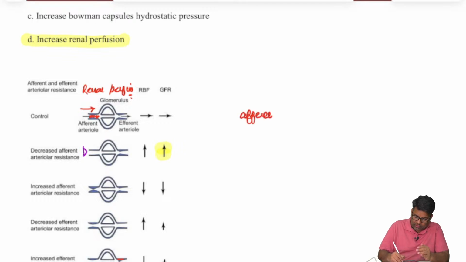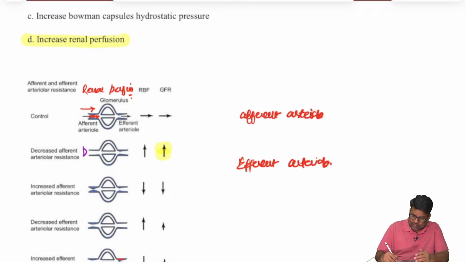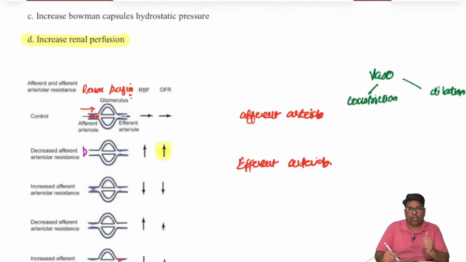So if we just summarize it here, we can point out two things in terms of the vessels: is it vasoconstriction or vasodilation, right? Now, if there is vasoconstriction of the afferent arteriole, that will reduce the blood flow to the glomerulus, so this will decrease GFR.